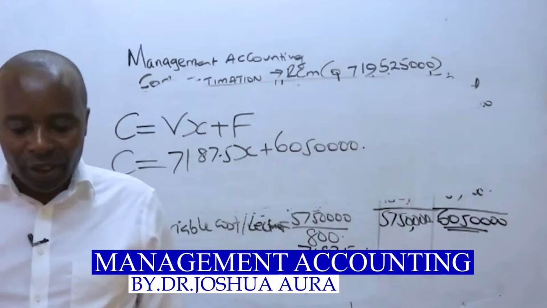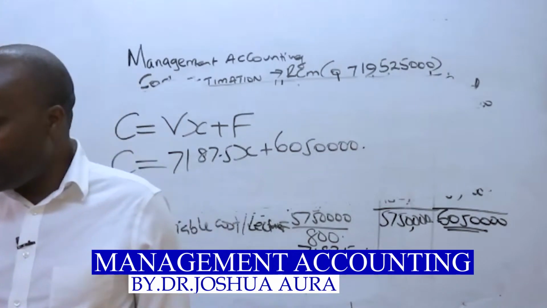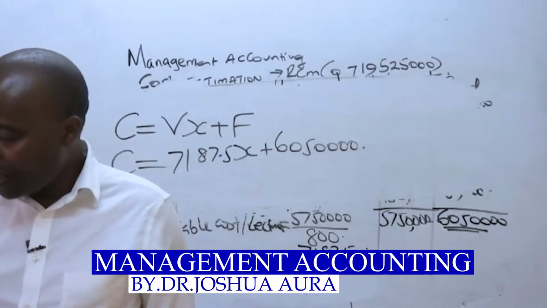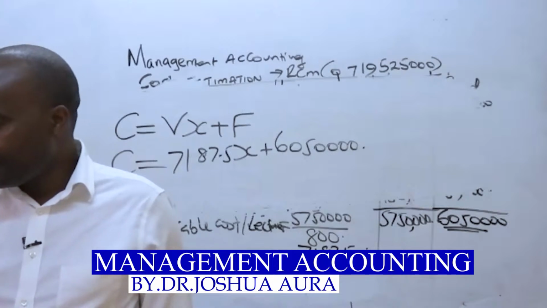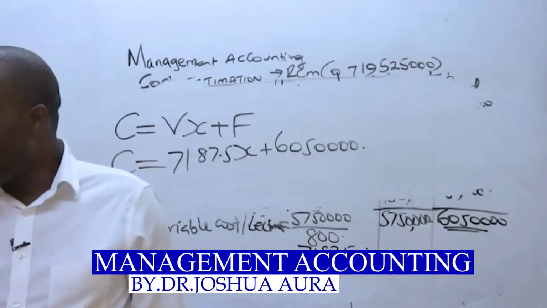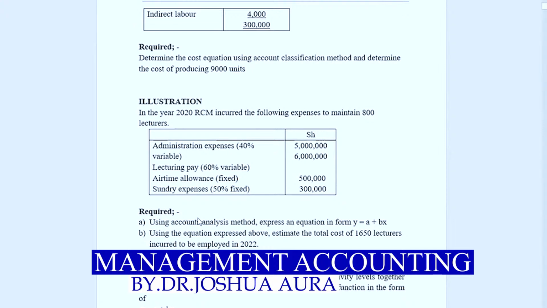So the question, ladies and gentlemen, what are we told here in the question? Part B. Using the equation expressed above, estimate the total cost of 1650 lecturers to be employed in 2022. Right?